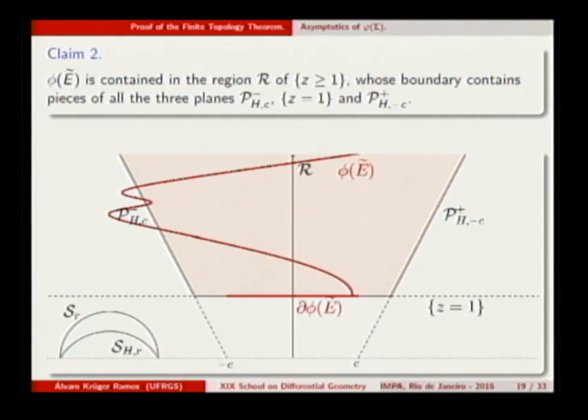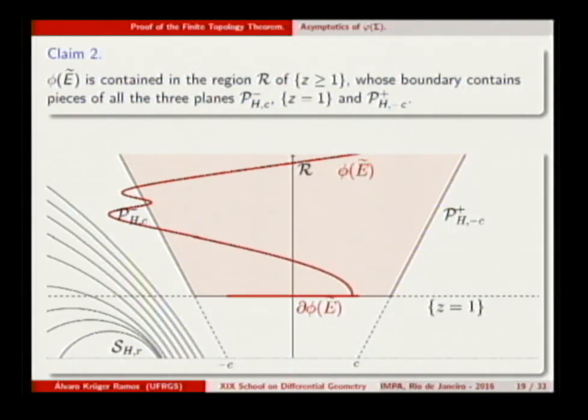Now you take an equidistant surface to it with mean curvature vector pointing upwards and with the same mean curvature of E tilde, and you start making these circles at infinity converge to this horizontal line. So you take bigger and bigger circles, bigger radii, and make the center of the circles go to infinity as well, such that these circles will converge to this line. And what happens? Something like this. The surfaces will converge to the half plane, and eventually, bam, you have your first contact point here.